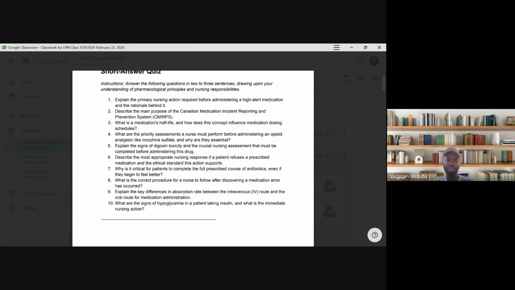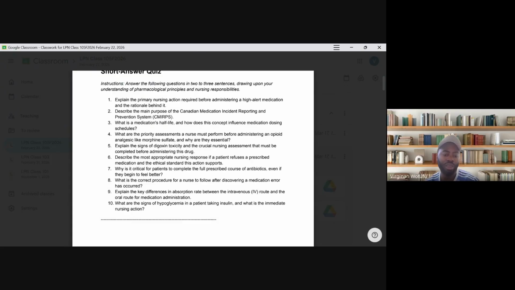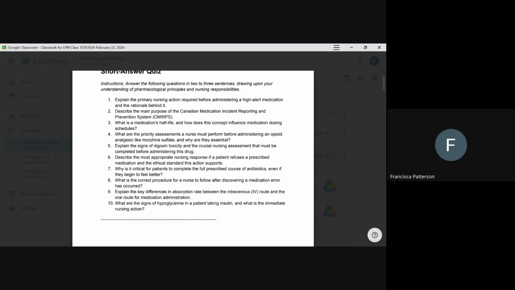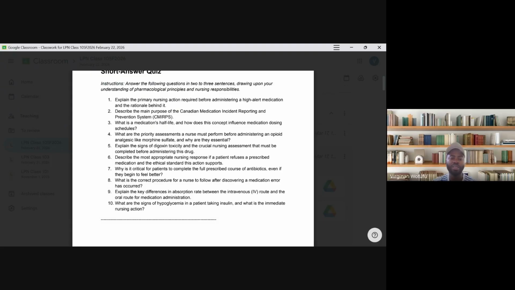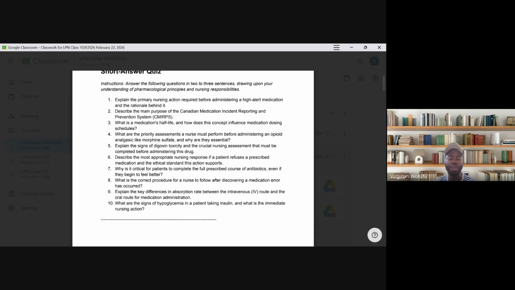So question 6, it says describe the most appropriate nursing response. Please, I have a question. Okay, go on. I didn't get the value for the pediatrics. It's still 60. The heart rate should not be less than 60 before administration of digoxin.